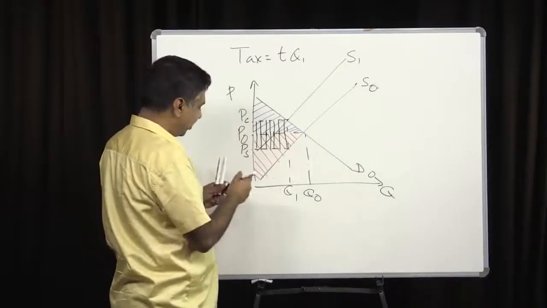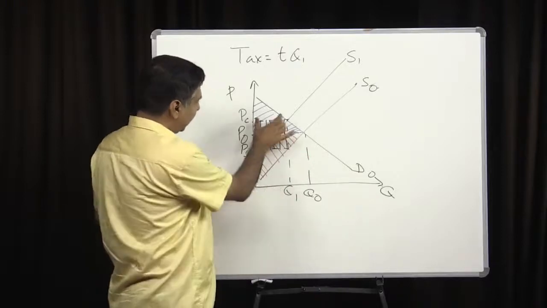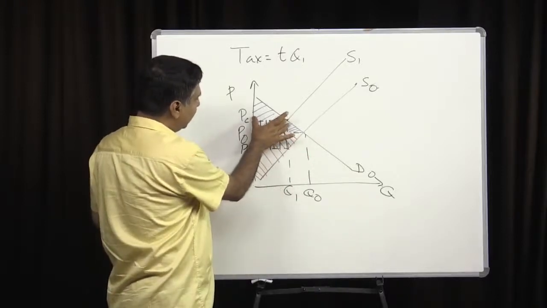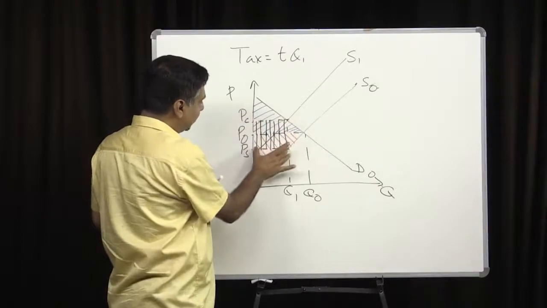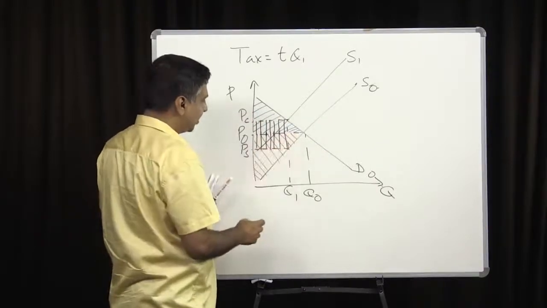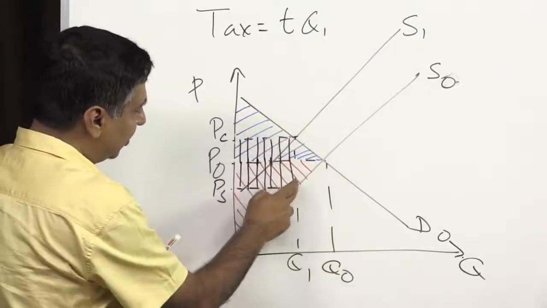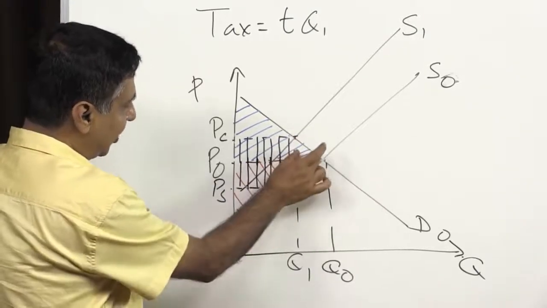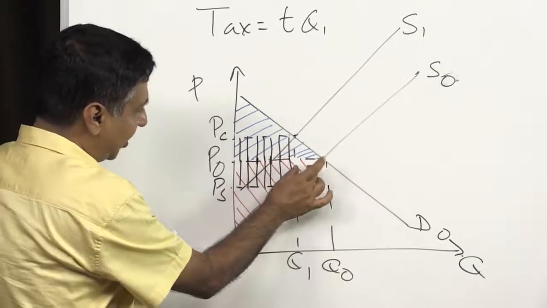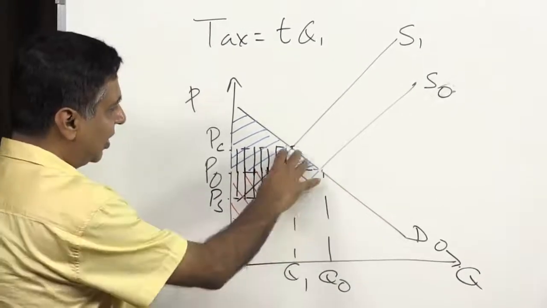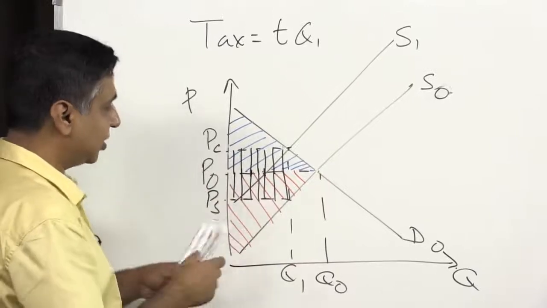Well, just like before, what has also happened is that there has been a reduction in the consumer surplus and the producer surplus, but not all of it has gone to the government. This small triangle, which is part of consumer surplus and partly seller surplus, has now disappeared. It is gone.